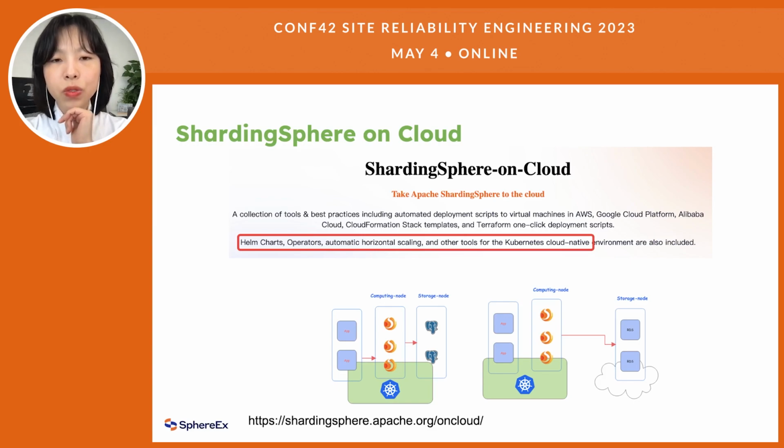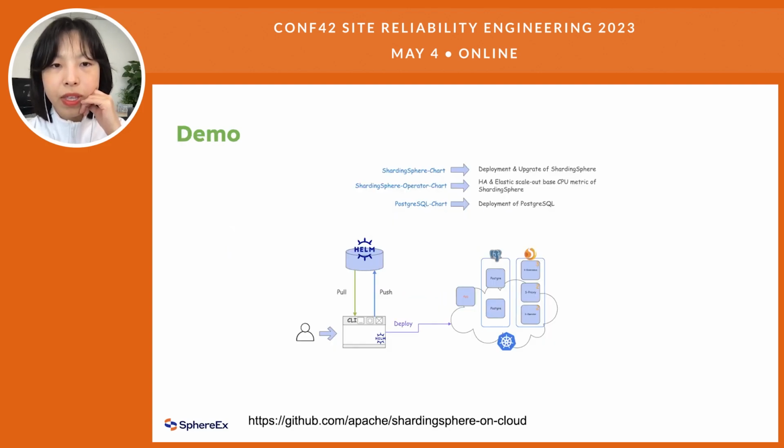It can also help you deploy the governance center, the proxy, or your databases. Currently we support PostgreSQL databases here. It provides Helm charts and operators to guarantee high availability, automatic deployment, and metrics features on Kubernetes.